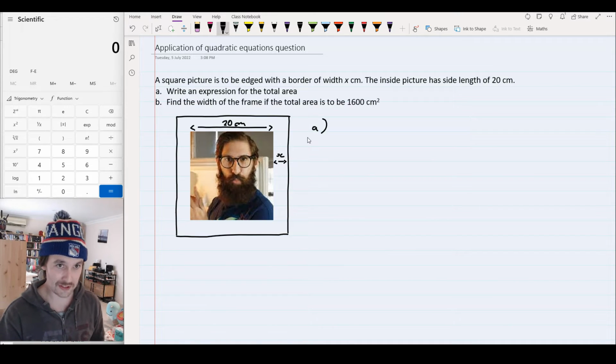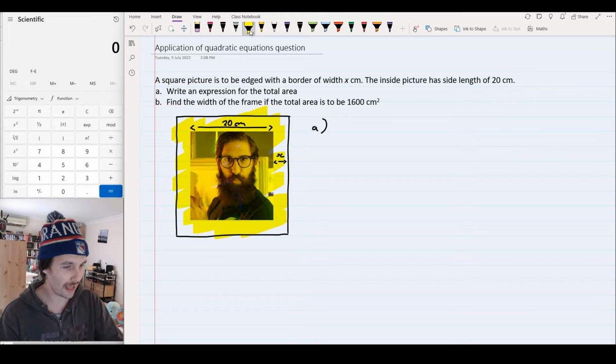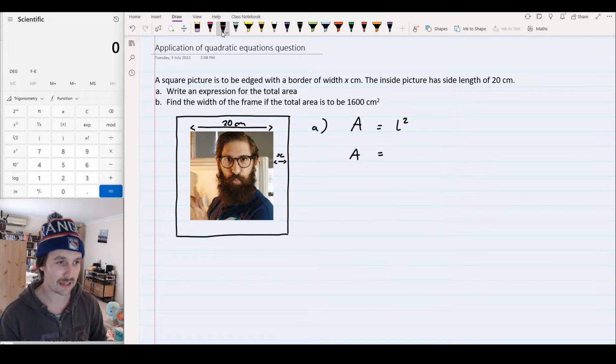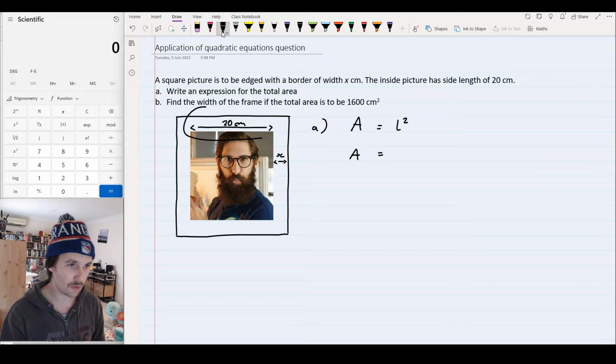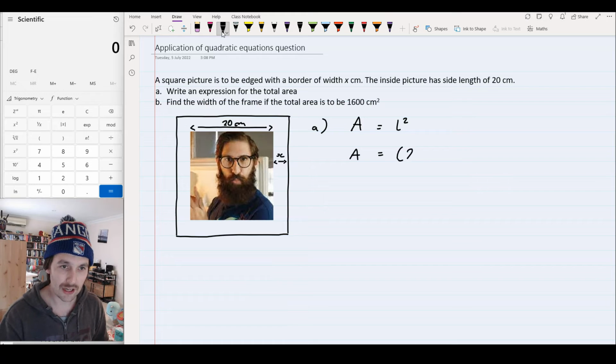Because we've got a square on the inside, and we've got the same distance between the picture and the border all the way around, we've got a square on the outside as well. So if we're finding an expression for the total area, I'm looking for everything that I'm shading in yellow here. I want the area of the whole thing. Bearing in mind that the area of a square is given by the length squared, the way that I can find that for this picture is to say, well, my actual photo is 20 centimeters across, but I've got to add onto that two lots of x.